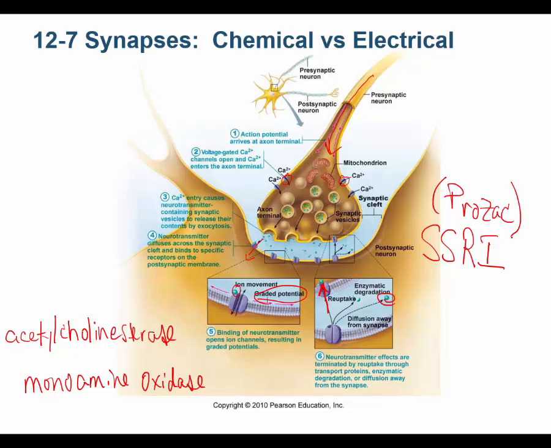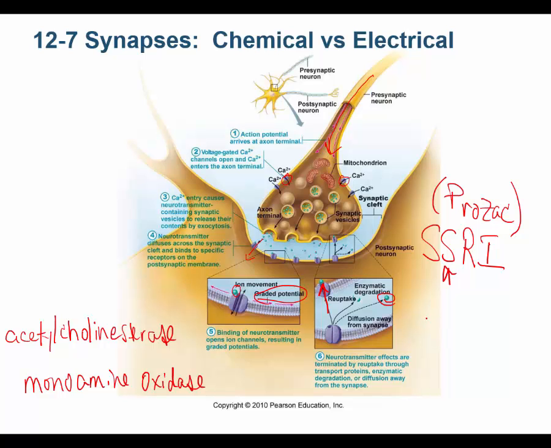Prozac is an SSRI. These are mood elevators because they actually inhibit the reuptake of serotonin. And so if you have a selective serotonin reuptake inhibitor, serotonin stays in your synaptic cleft, and that elevates your mood, and this affects your brain and elevates your mood. So reuptake is another way of removing the neurotransmitter.